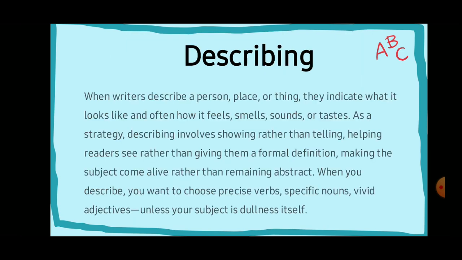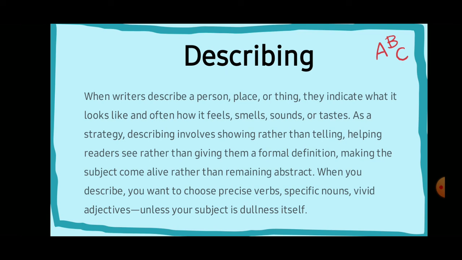Next one is describing. When writers describe a person or a place or thing, they indicate what it looks like and often how it feels, smells, sounds or tastes. As a strategy, describing involves showing rather than telling, helping readers to see rather than giving them a formal definition.